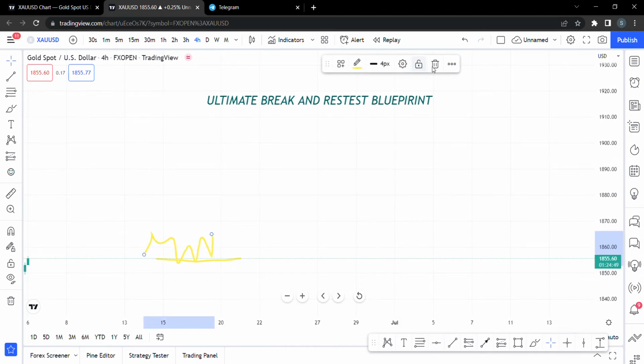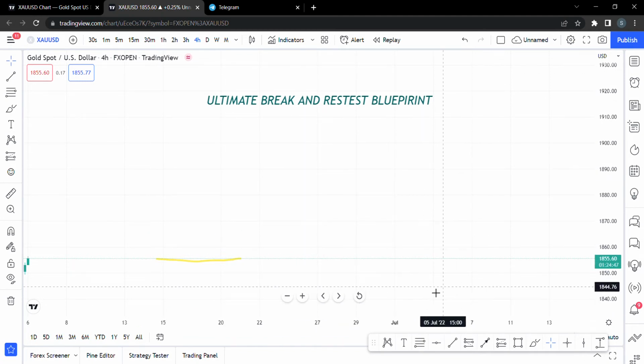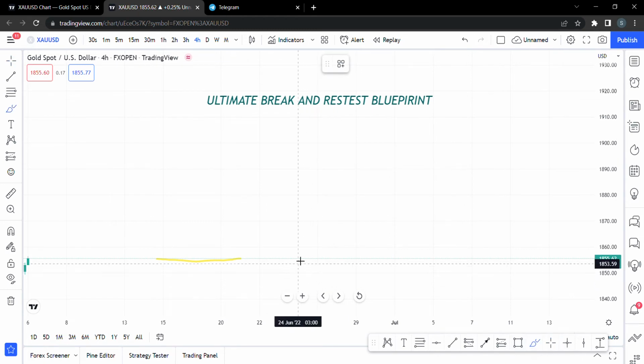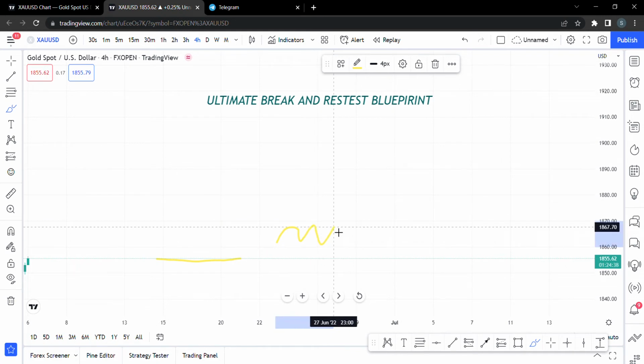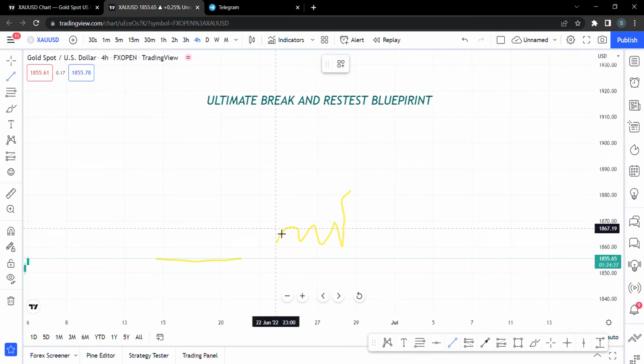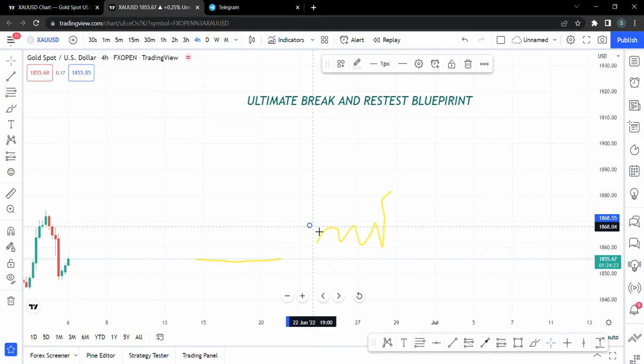Let's say price is hitting a resistance level, and it breaks out of that resistance level. Then you mark that zone.